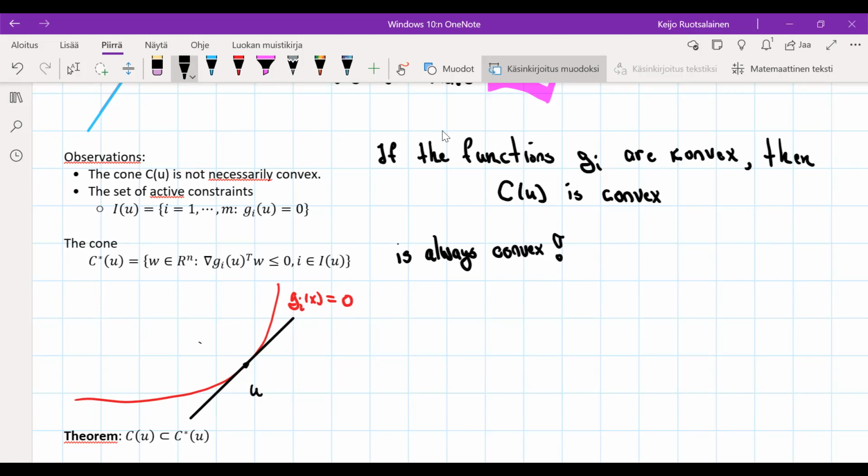And then it means that the minimum point of minus gi is at u.